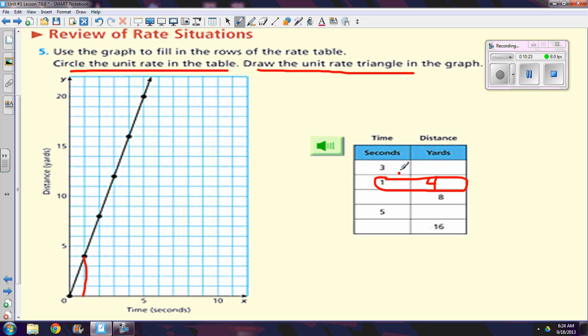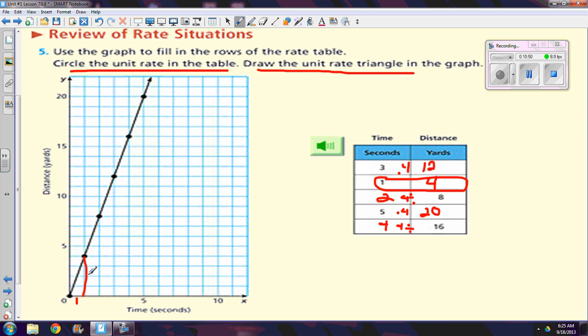And now you would do it 1 to 4. So 3 times 4 would be 12. 8 divided by 4 would be 2. 5 times 4 would be 20. And 16 divided by 4 would be 4. So now you would just complete.